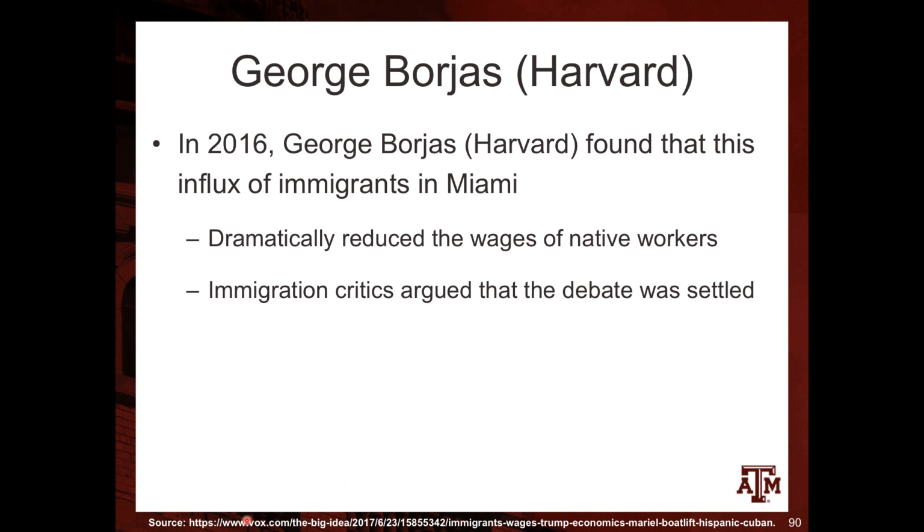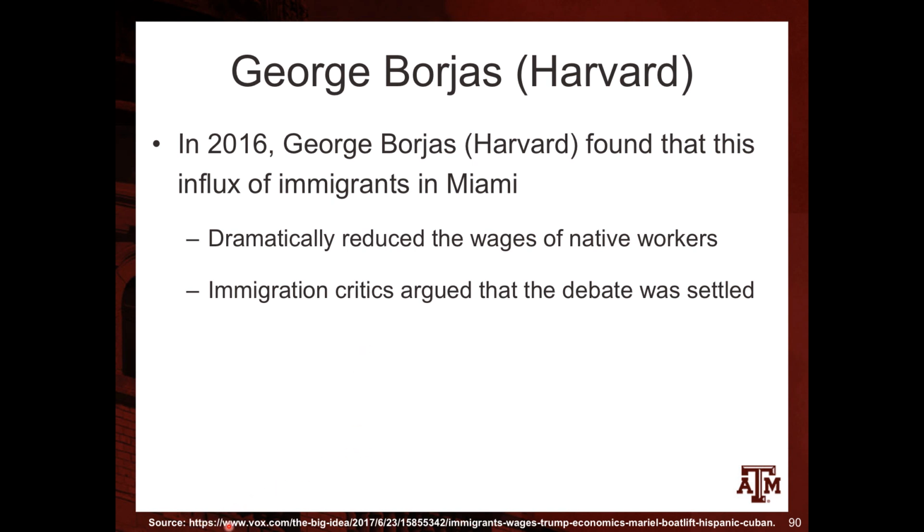And what's interesting in this article that I'm citing at the bottom here, you can go directly to this link. It's summarizing all these different studies that dealt with the Mariel Boatlift, the historical process of immigrants entering Miami in 1980.